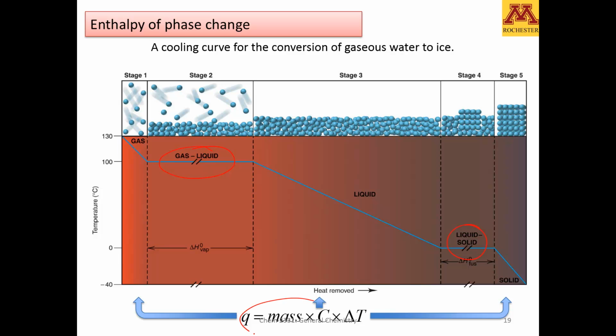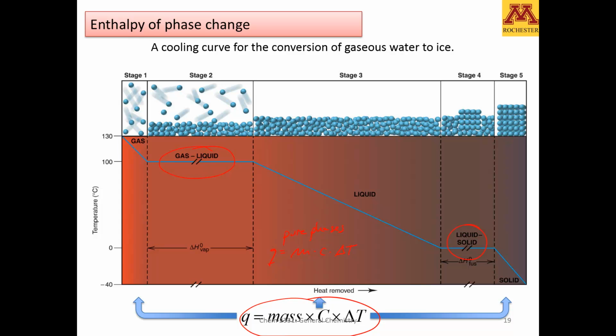Notice that if you remember what we call the MCAT equation, the heat is equal to mass times specific heat capacity times the change in temperature. You can only apply this in pure phases, never when you have a phase change.